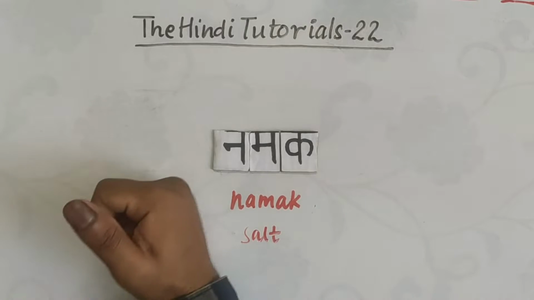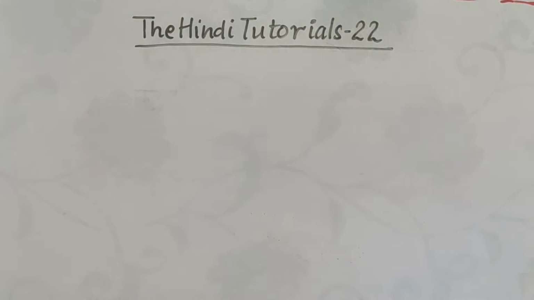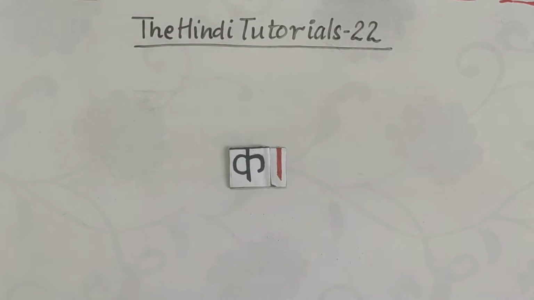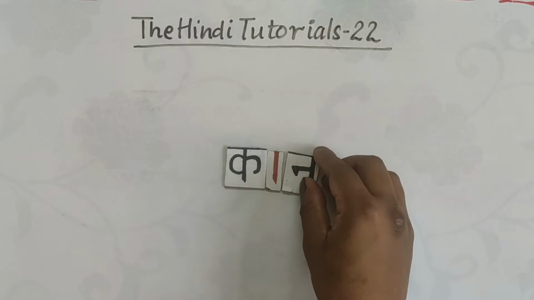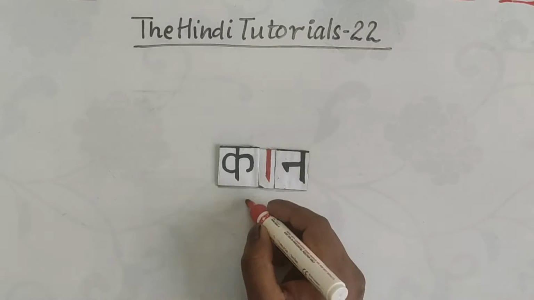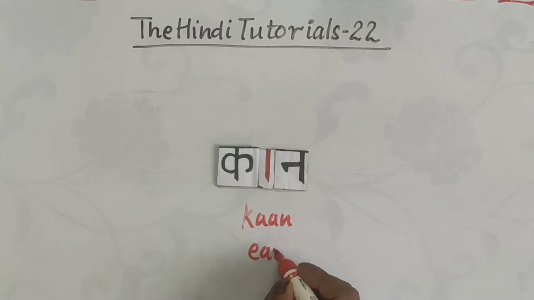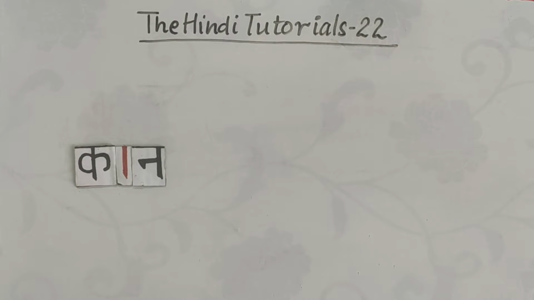The next word was kaan. Ka, a. This makes it ka. Now it is kaan. Kaan means ear. The third word was naak.